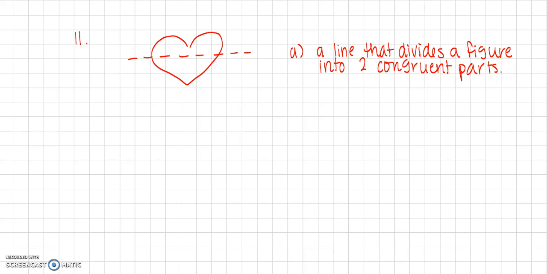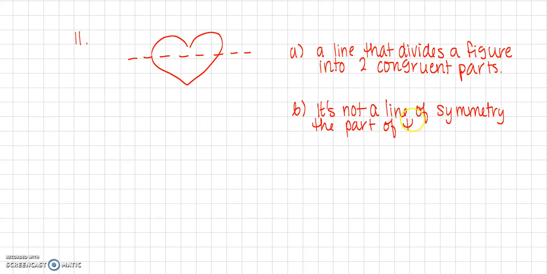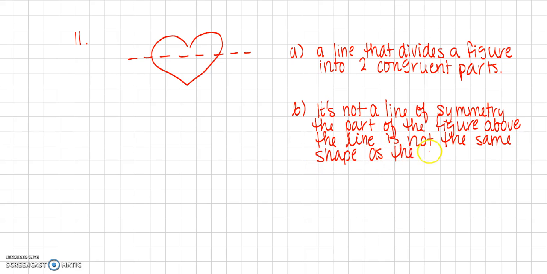Okay, so if a line of symmetry divides a figure into two congruent parts, same size, same shape, then this line is not a line of symmetry, because the part of the figure above the line is not the same shape as the other part, or as the part below the line.